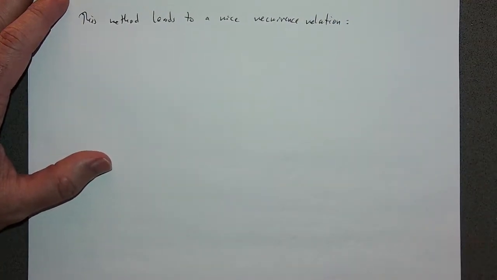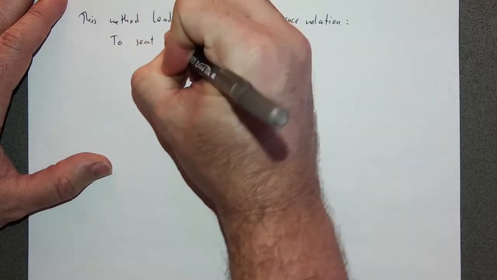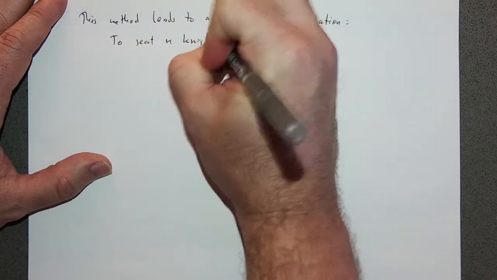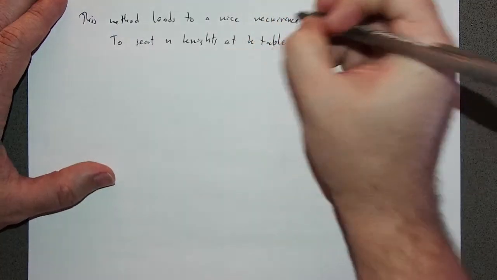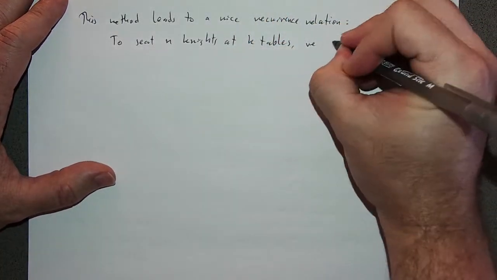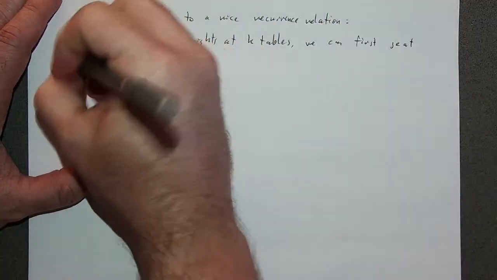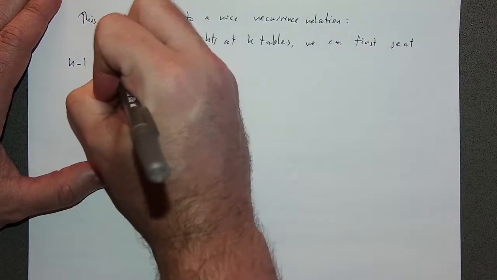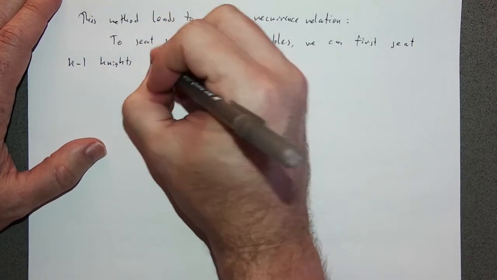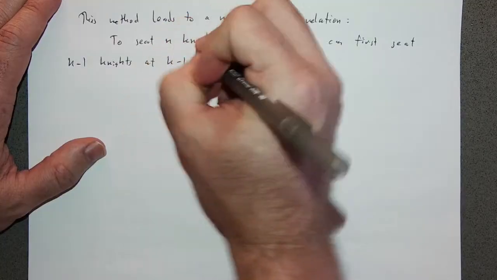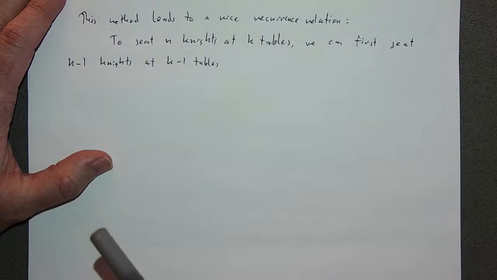Okay, what is the recurrence relation? So to seat n knights at k tables, we can first seat n-1 knights at k-1 tables, then put the last knight at the last table.